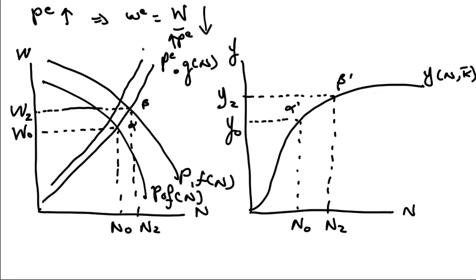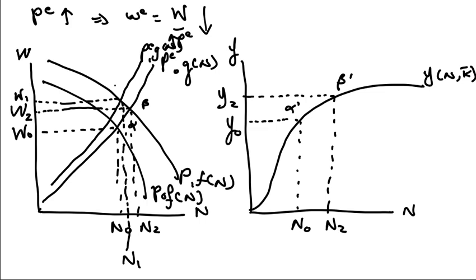Okay, so we have PE1 Gn. So as you can see, if you draw carefully here, employment falls from N2 to N1 and nominal wage keeps increasing to W1 from W2 to W1.